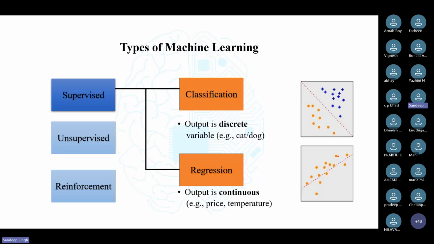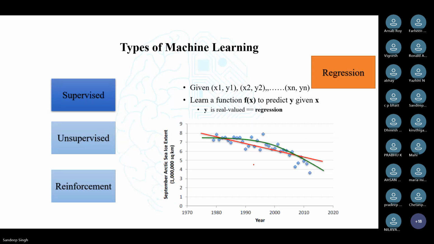In regression learning, we have x1, x2 up to xn, and we want a function f(x) to predict y based on the given x. The value of y is continuous, and we want to predict it as close to the actual value as possible, based on our trained model without any human interference.